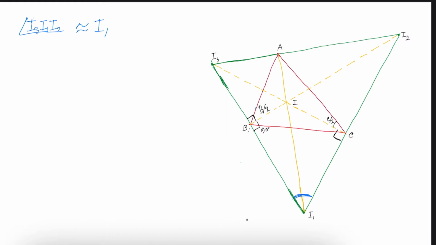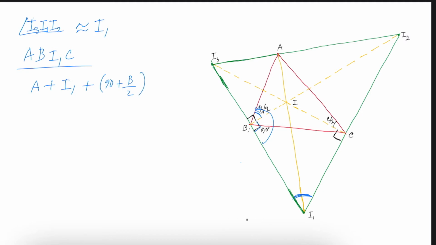So if we consider the quadrilateral A B I1 C, in this quadrilateral we see angle A plus angle I1 plus this angle. So this is basically 90 degrees plus half of angle B, so this is 90 plus B by 2.